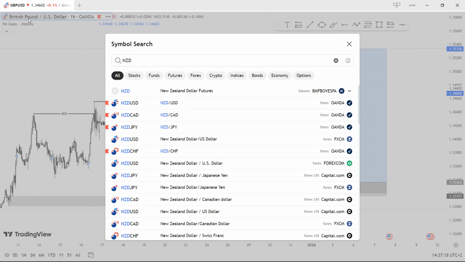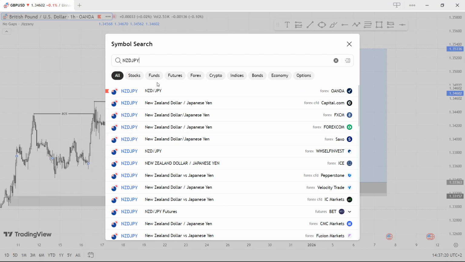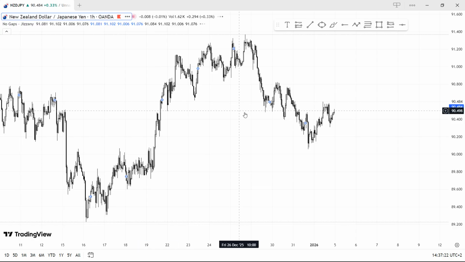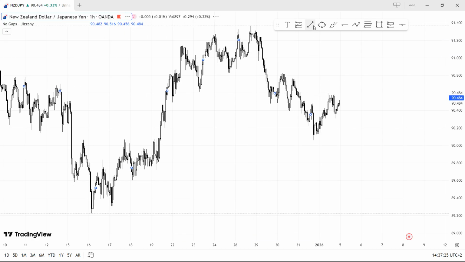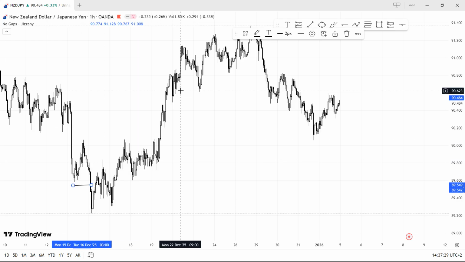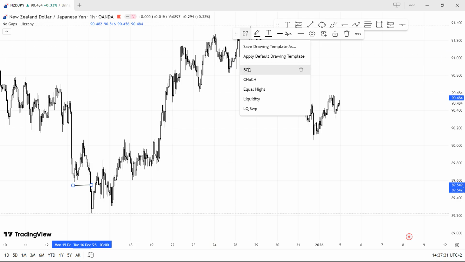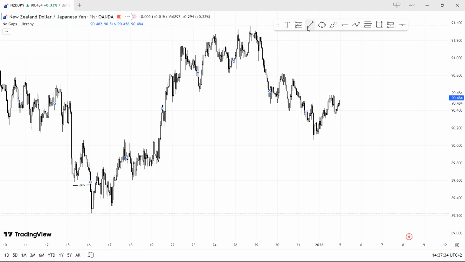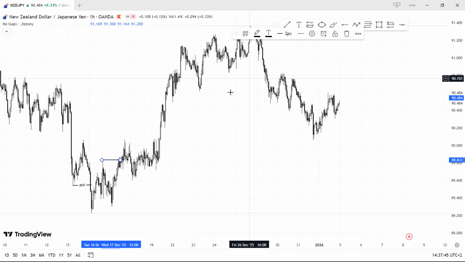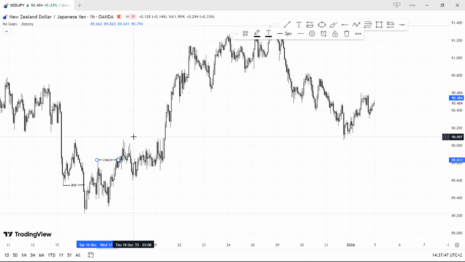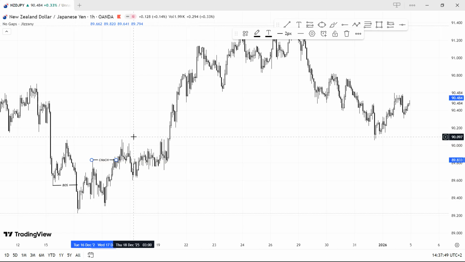NZD JPY. Okay, so this was our last break of structure going down, and the market changed character here. I'll do a video to explain market structure.